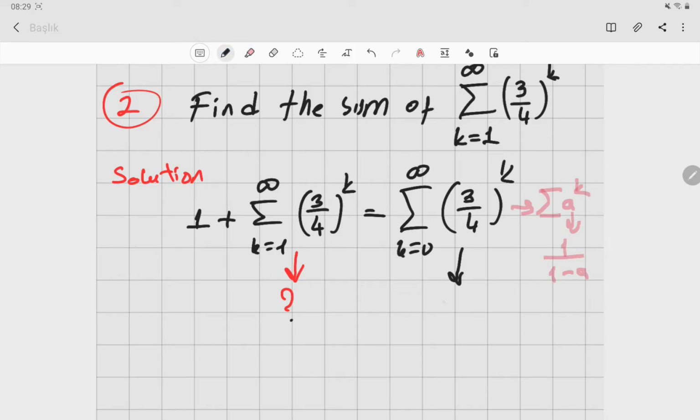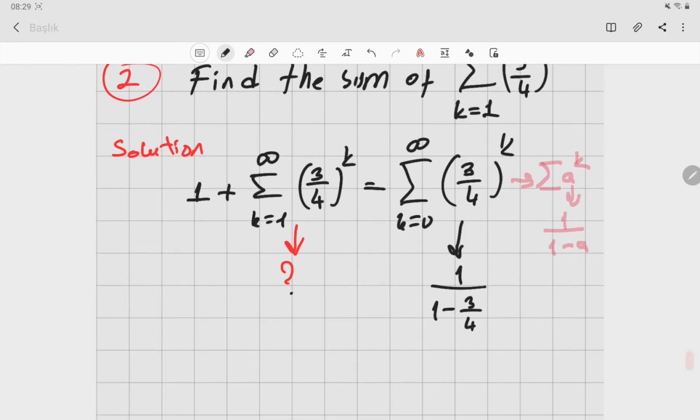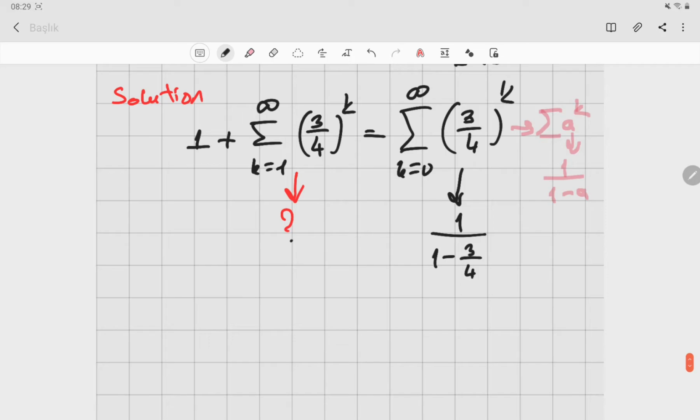That is why we may write here 1 over 1 minus 3 over 4. And so here is the same, and I think it should be 4, and our answer is 3.